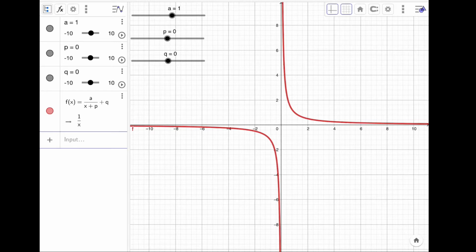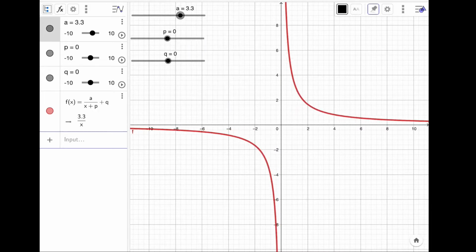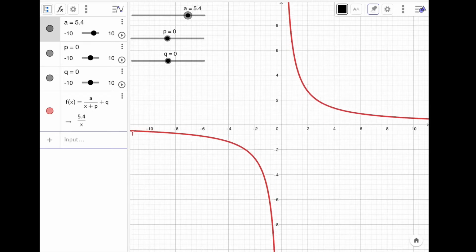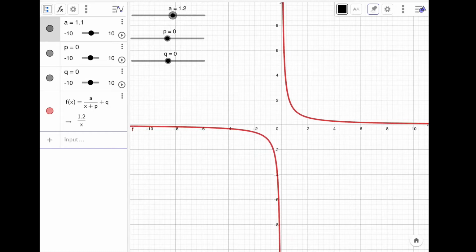And this is generally what our graph looks like if we haven't made any changes. So let's start with A. Looking at the formula on the left, if I move A over, you can see that the A at the top of the formula is now 3.3, same as my slider. As I slide this up and down, it's going to change that value. So let's go back to one where we started, and watch what's happening with the graph.